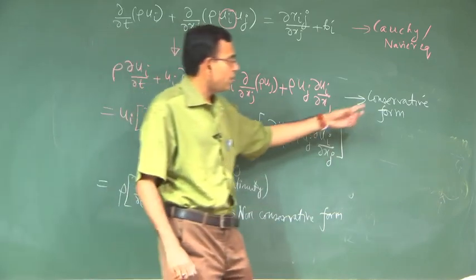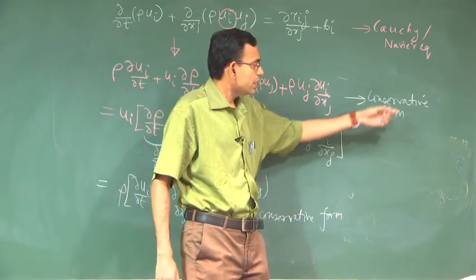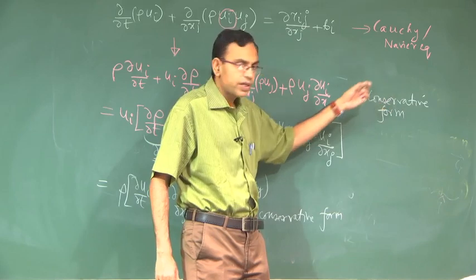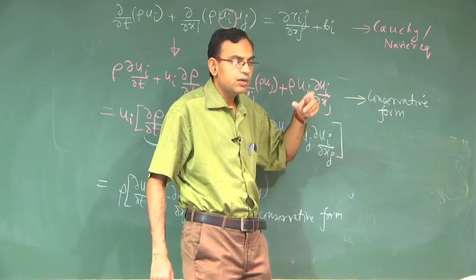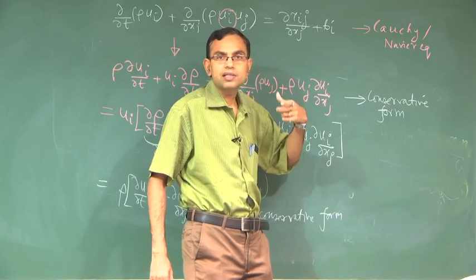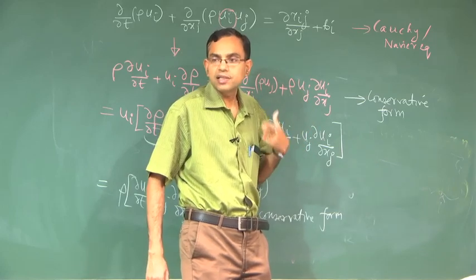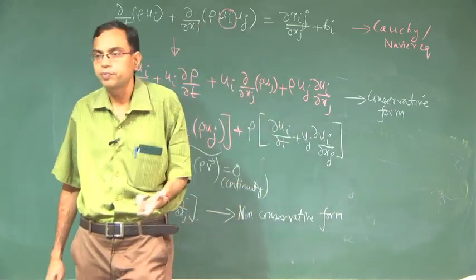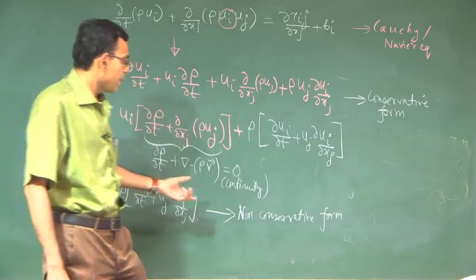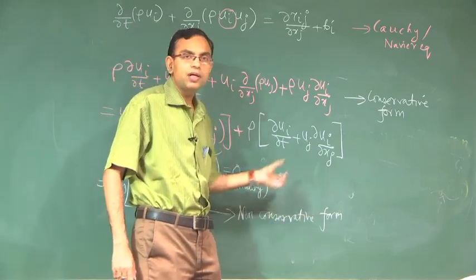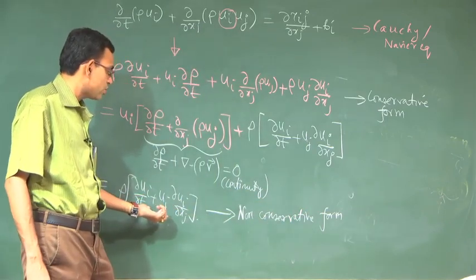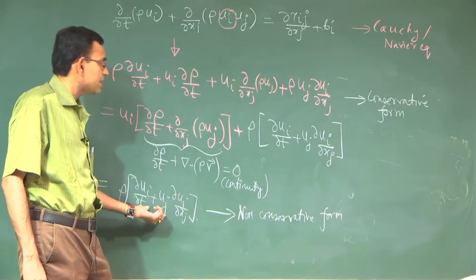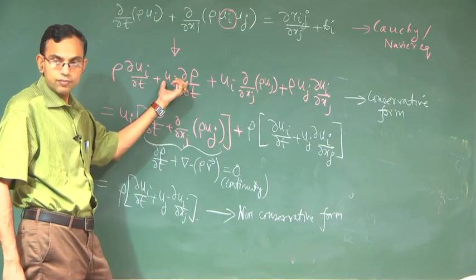The conservative form is used in those computational fluid dynamics techniques where the conservative forms of differential equations are integrated to discretize the equation, for example finite volume method, whereas non-conservative form is commonly used for analytical solution because it gives rise to a simpler expression as compared to this.